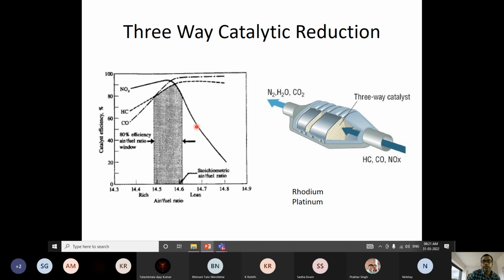So that is how the three-way catalytic converter works. I think from Bharat norms 3 onwards, it is being used in the SI engine along with EGR. Initially people used a fixed fraction of EGR.